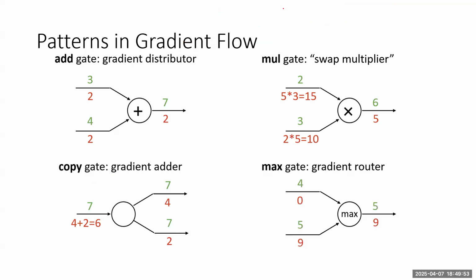Finally, if I have the max, as we said, the max gate or the max operation has two branches. While you are going forward, we are taking the maximum between them. While you are going backward, the one that we took as the maximum will get all the derivative. The other one will take nothing.